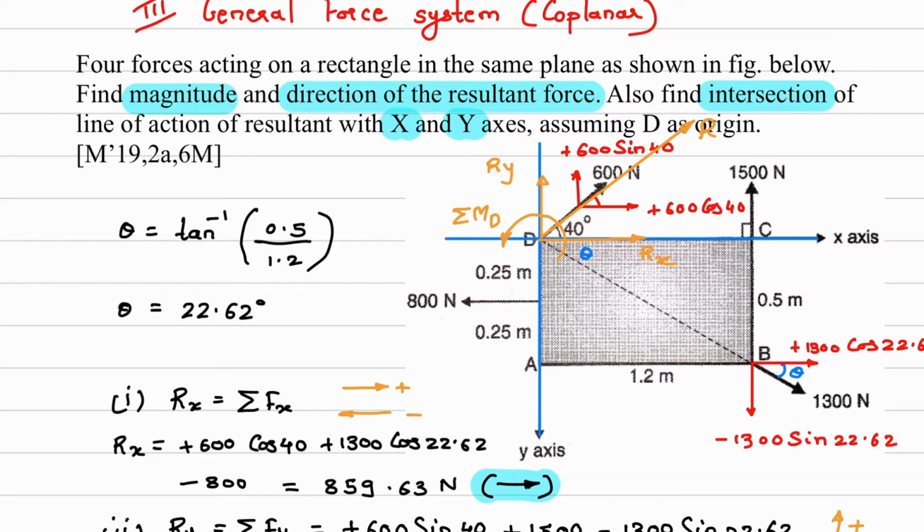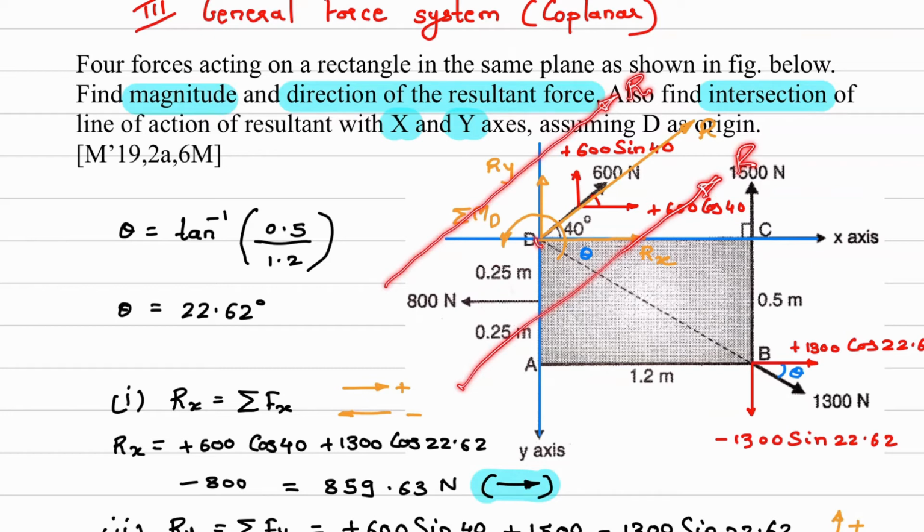Now how to replace this resultant and moment, or couple you can say, by a single force? You will draw an arrow parallel to that. So this is one arrow R and this is one arrow R. Now what is the direction of rotation? Anti-clockwise.